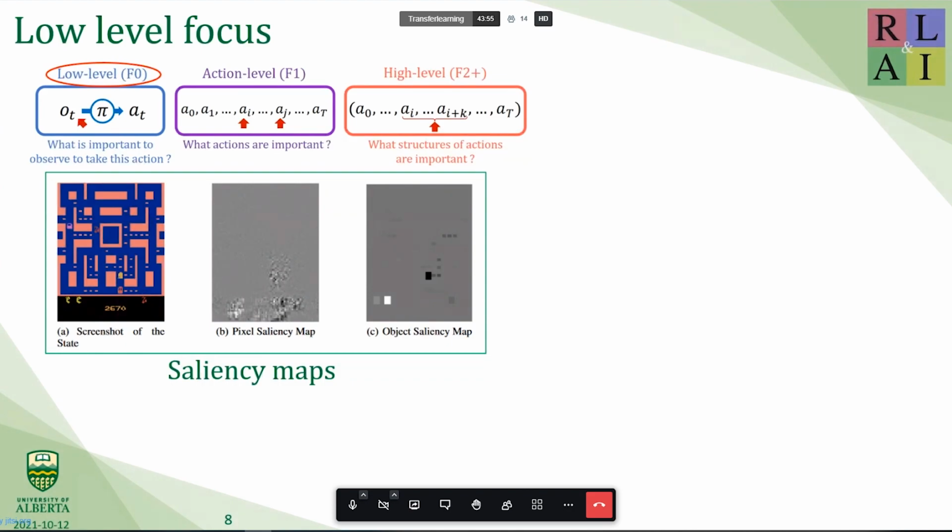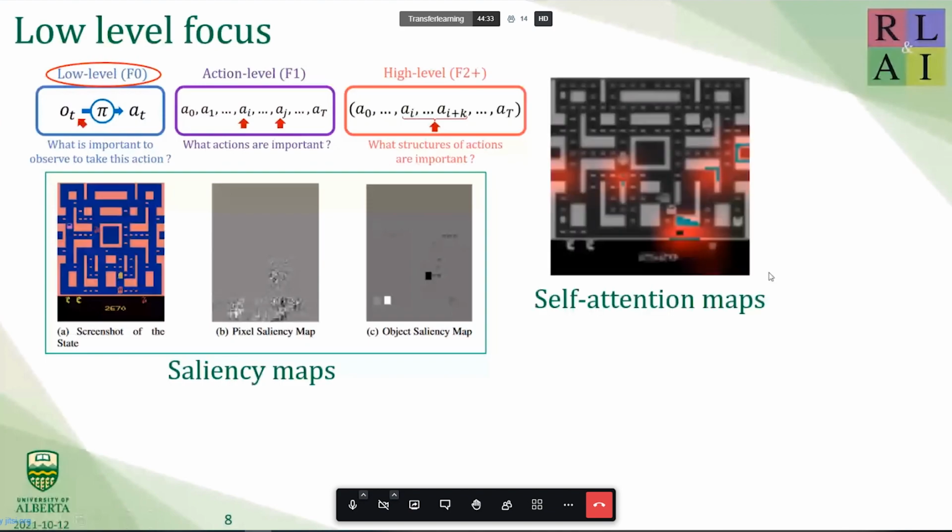To have a low level explanation of your agent, you can try to see what was important in the observation to take the decisions. In Pac-Man, you can use explainable deep learning techniques to visualize what was important in the input. You can see here that the number of lives available was important in some way to the decision of the agent at this point, but also, of course, the position of the player and the position of the little dots near him.